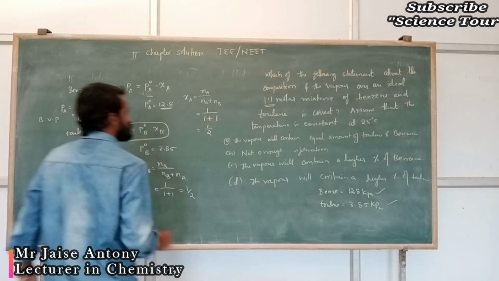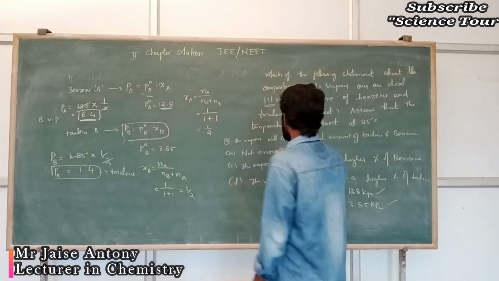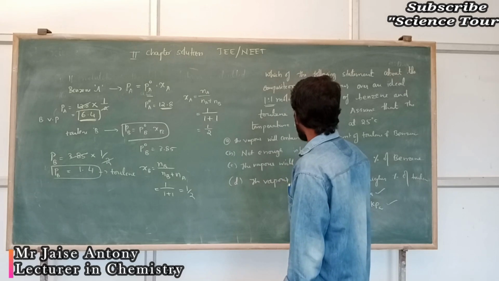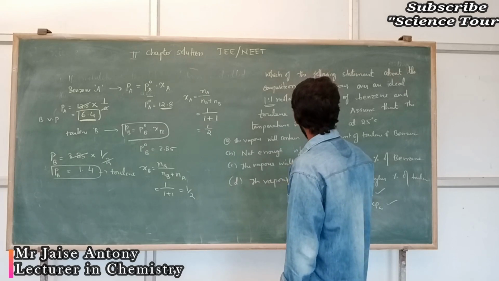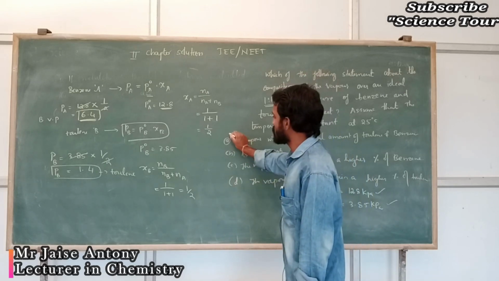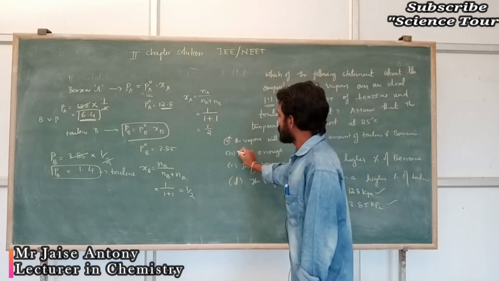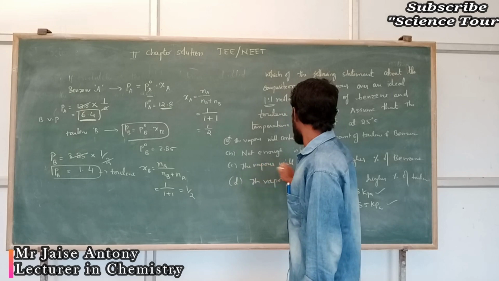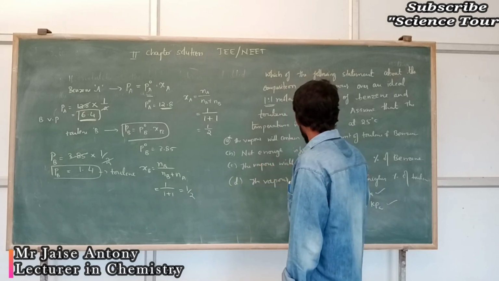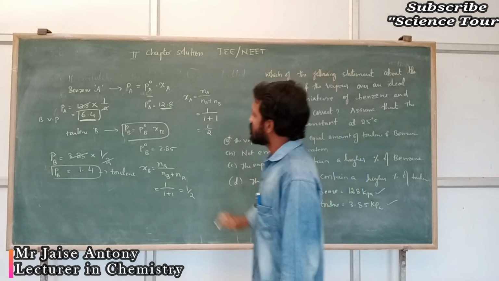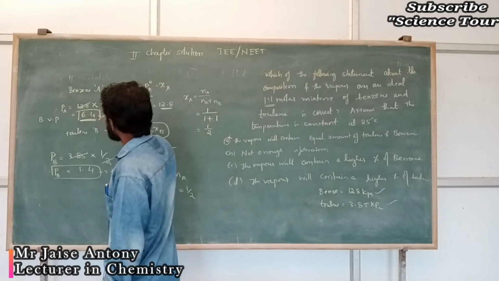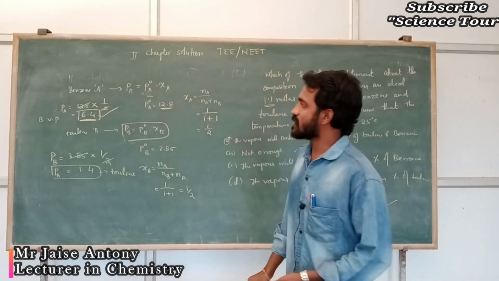So which one? Their question is which of the statements is correct. You read the sentences. The vapor will contain equal amounts of toluene and benzene. It is wrong actually. Correct? Not enough information. This I will discuss later. The vapor will contain a higher percentage of benzene. Correct.